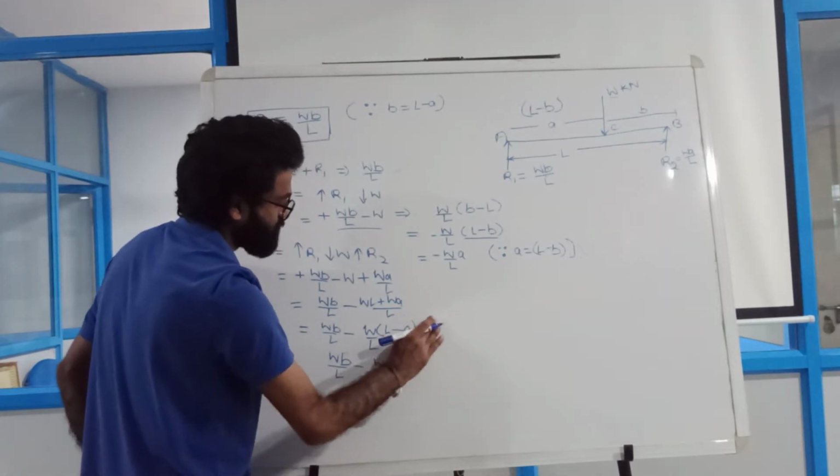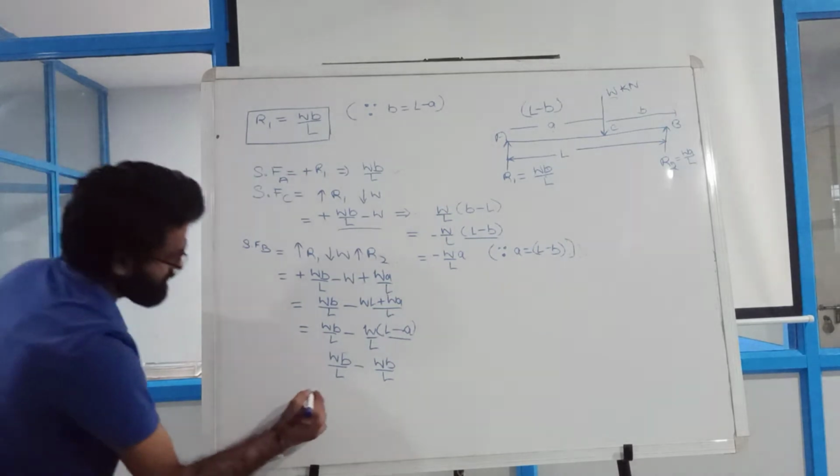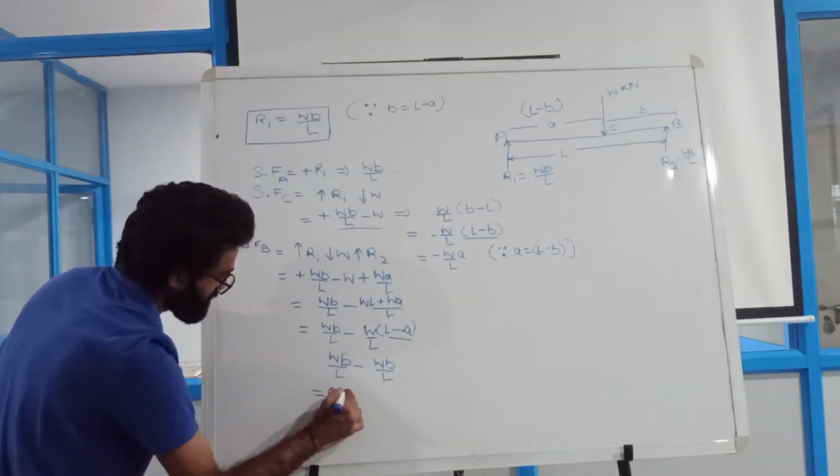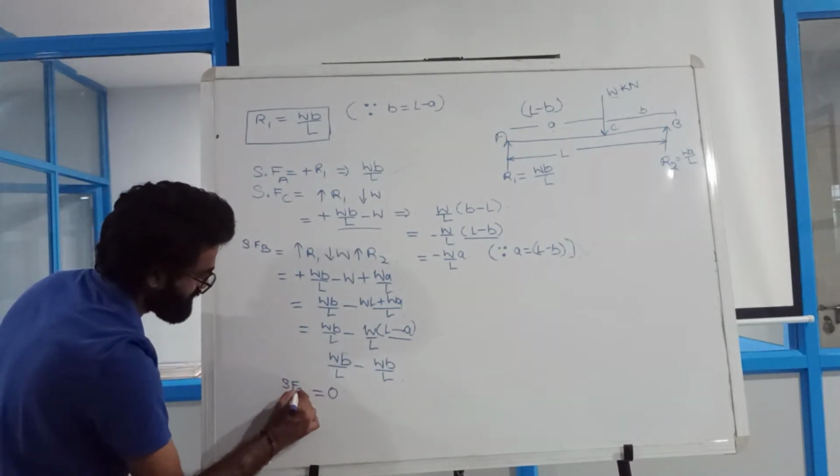So that's why this is going to become B. Now let us say we are going to get here 0. So my shear force at C is 0.